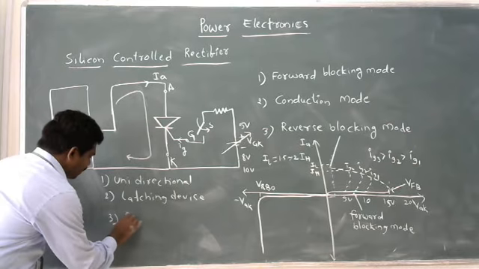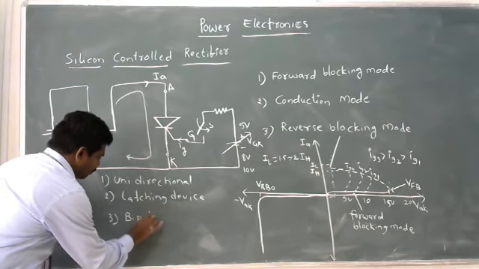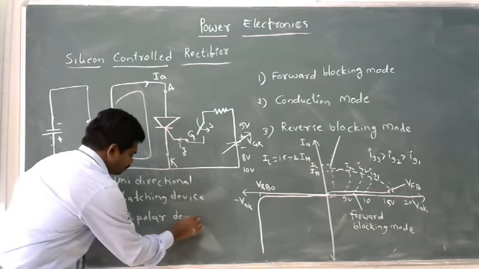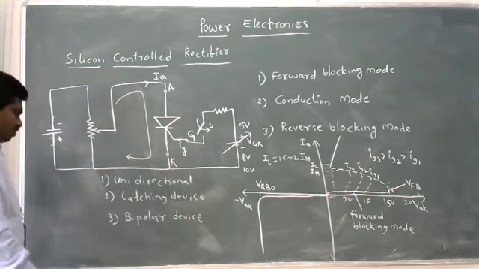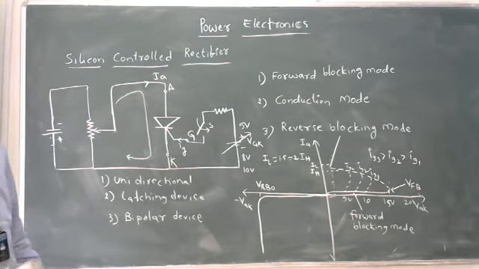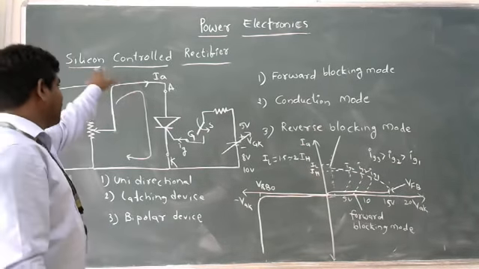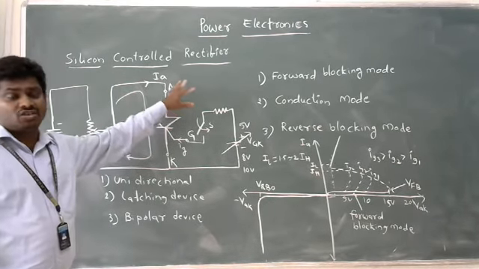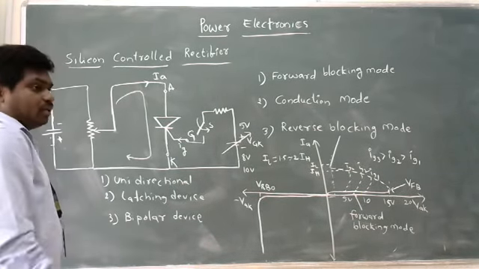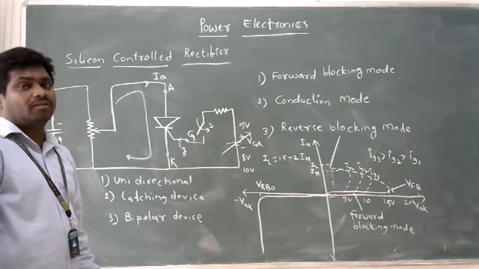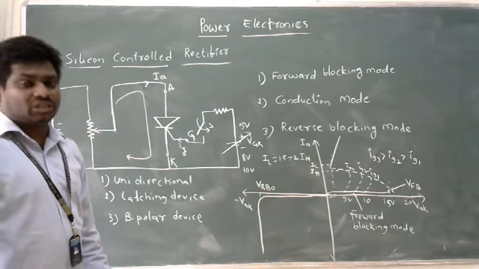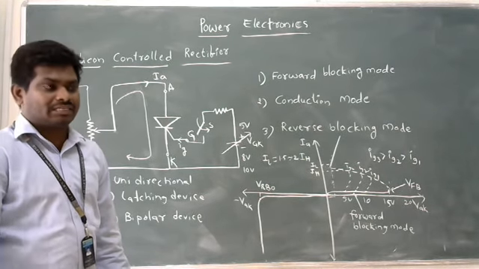Then bipolar device. There exist two carriers, so it is called a bipolar device. Coming to its applications, as the name suggests, this SCR is mainly used for rectification, and it can be used in other configurations for converting electrical energy from one form to another: AC to AC, AC to DC, and DC to DC choppers also.